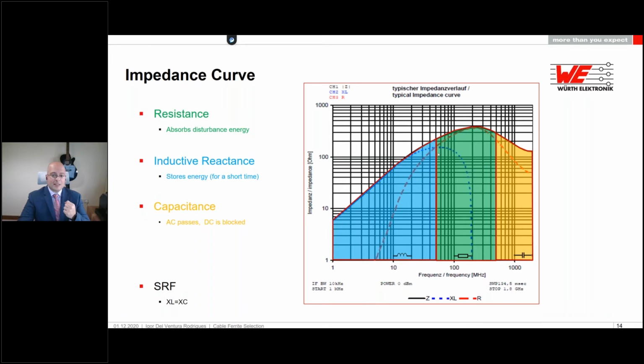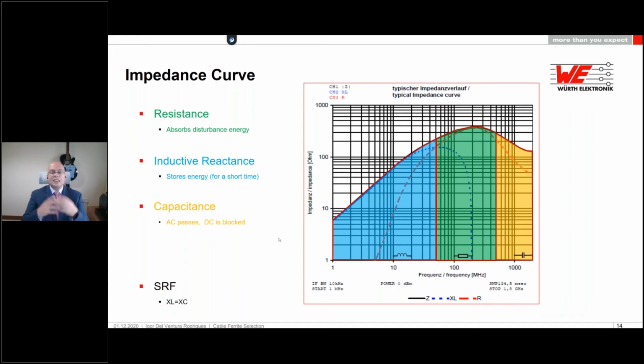So we divided this in 3 colored blocks, blue, green, and yellow, which represent respectively the inductive part of the ferrite, where the inductive behavior is more prominent, then where the resistive behavior is dominating, and then where the capacitive behavior is dominating.